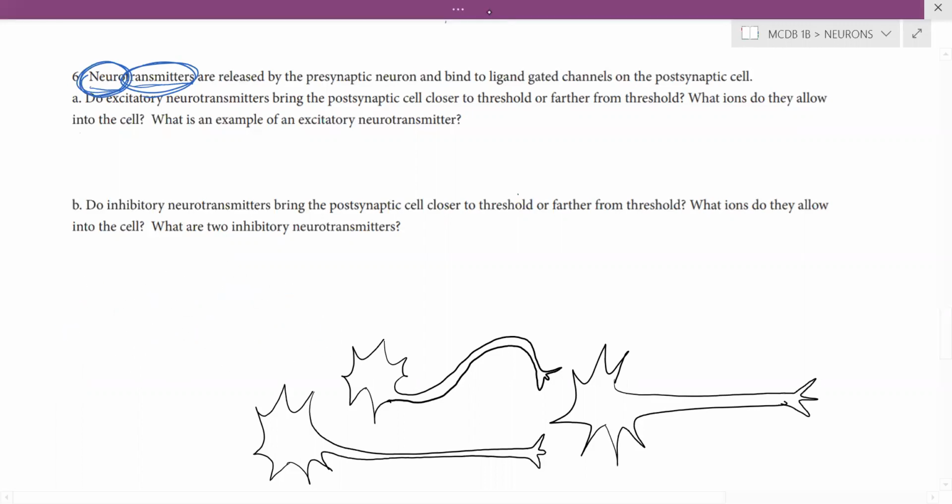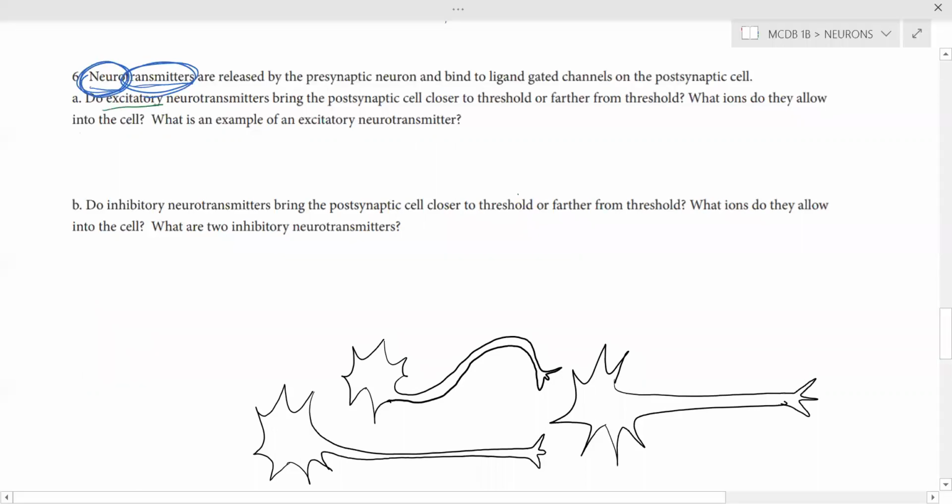We kind of have two categories. So one of them is excitatory. So that's going to tell the next cell, oh, hey, you should activate, you should fire an action potential, right? So I'm going to jot this down. Excitatory makes the cell more likely to fire an action potential.